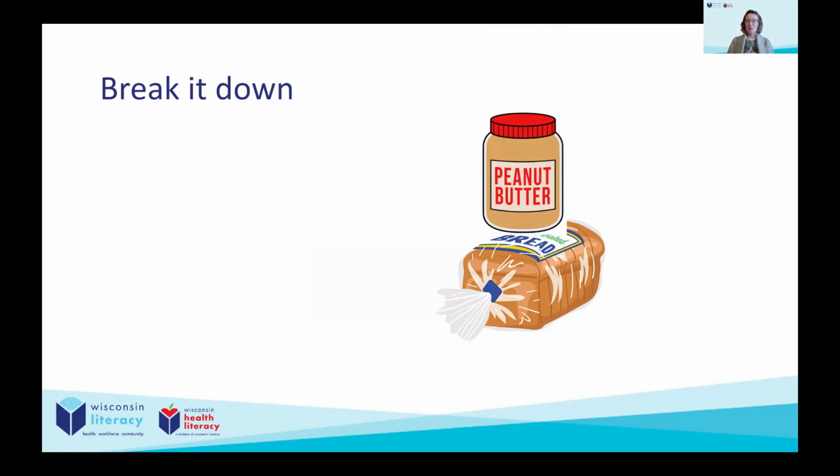But here you've missed so many steps to making a peanut butter sandwich. Do people know how to open the jar of peanut butter, how to open the bag of bread, how to use a knife to spread the peanut butter, etc.? And so that's what we want to think about as we break down digital skills. Are we skipping steps? What do we need to break down so that learners can find success?